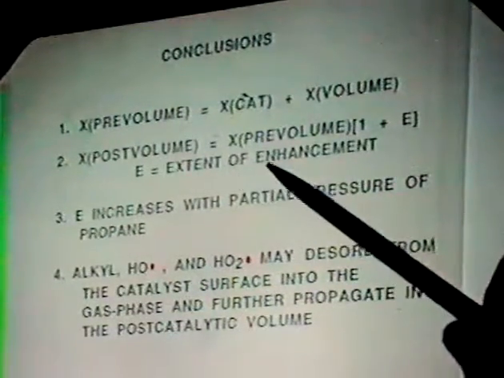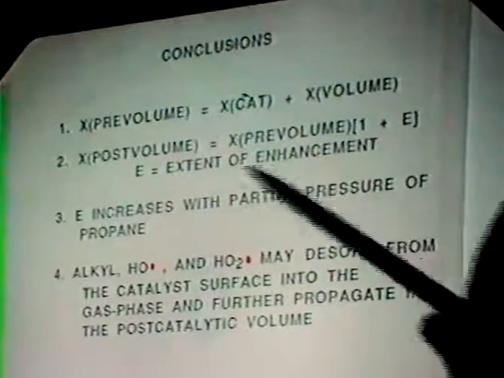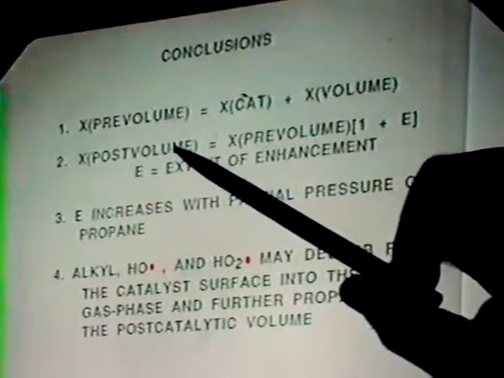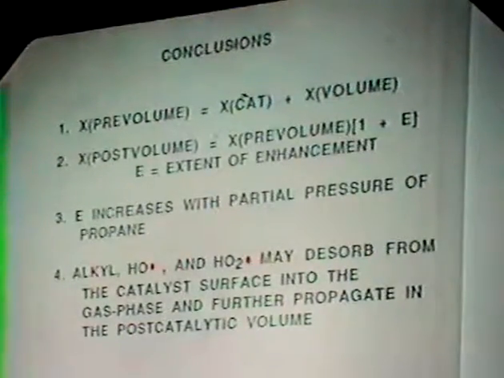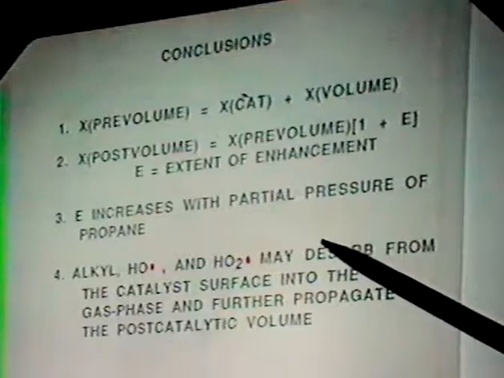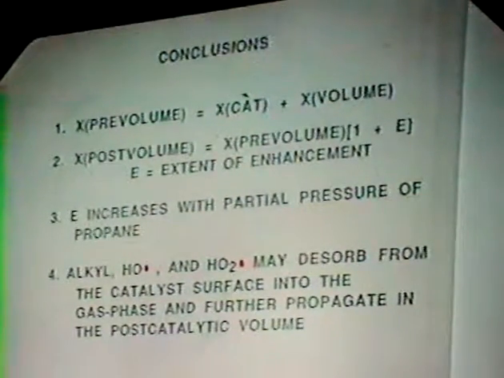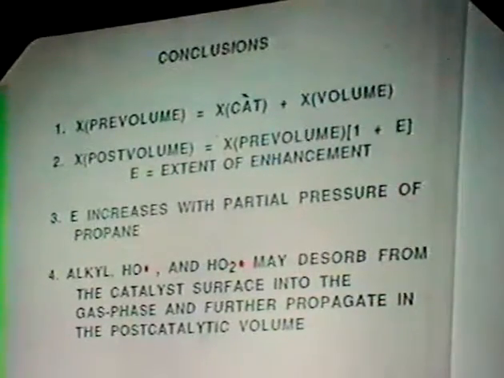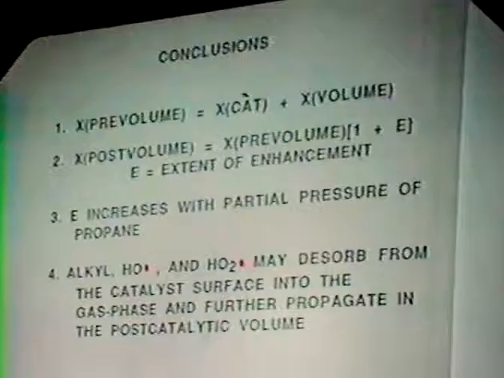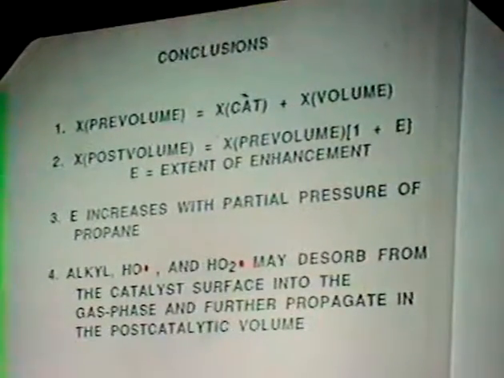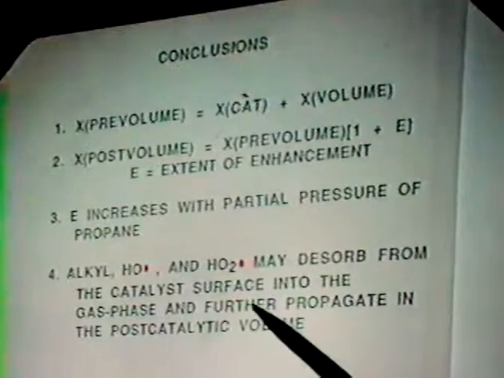So as a conclusion, we find that there is enhancement in the overall conversion due to the desorption of reactive species from the catalyst. And this enhancement increases with temperature and also with the pressure of propane. The work that we're doing now is reactor modeling, taking the rate constants of the elementary steps of gas-phase reactions and back calculating what could have been the species that is desorbed.